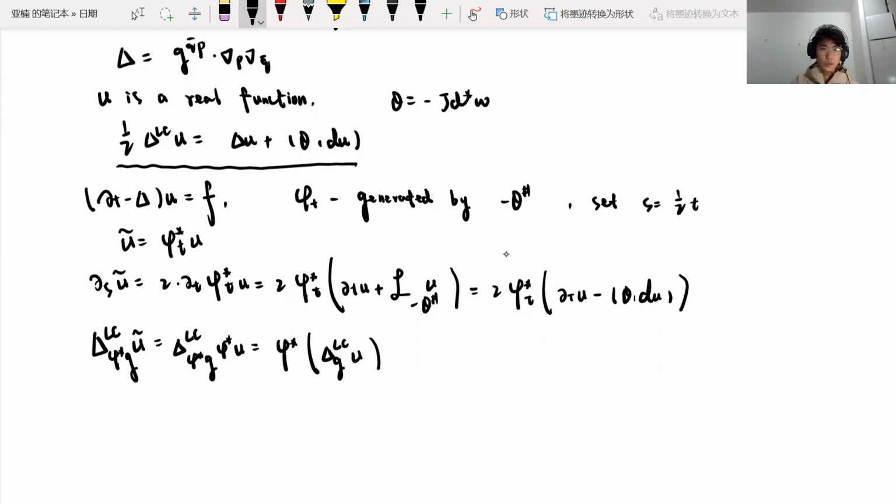Then using this relationship, we obtain this is just 2 times.